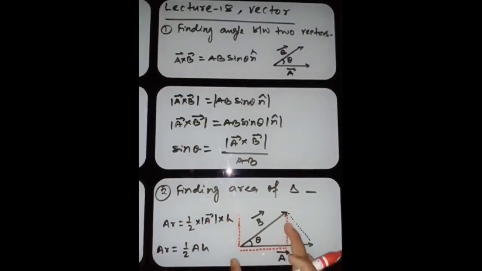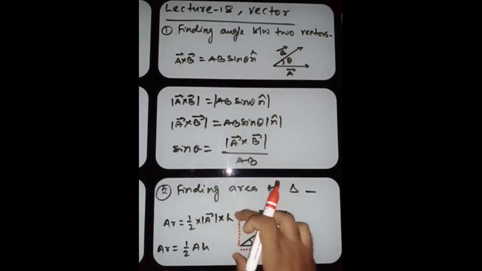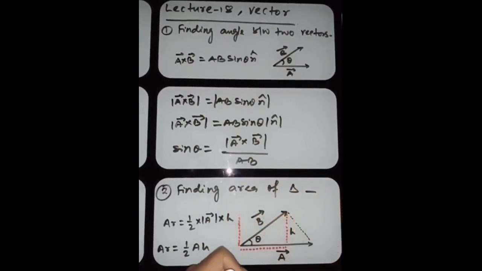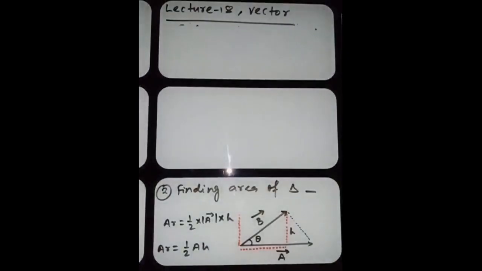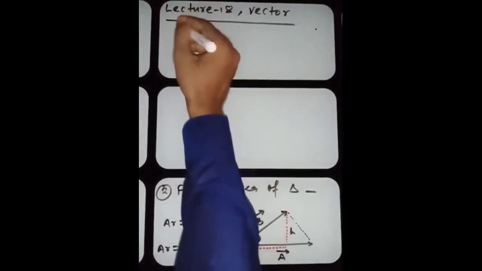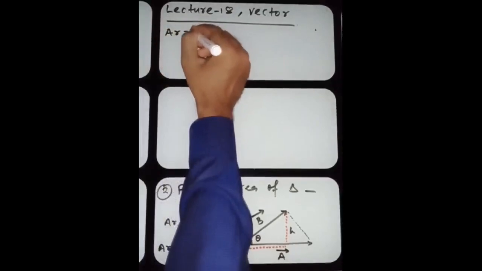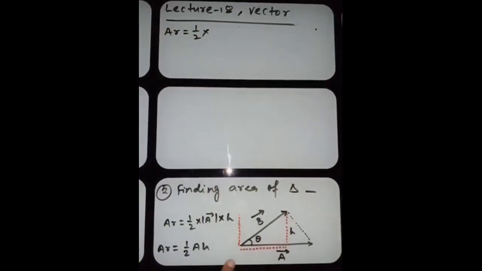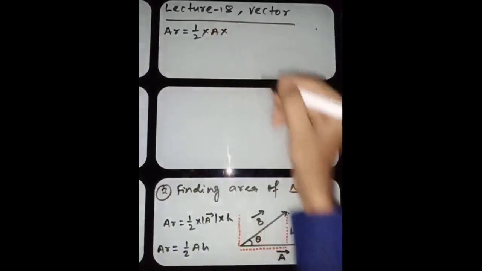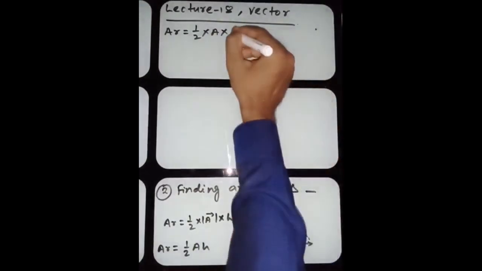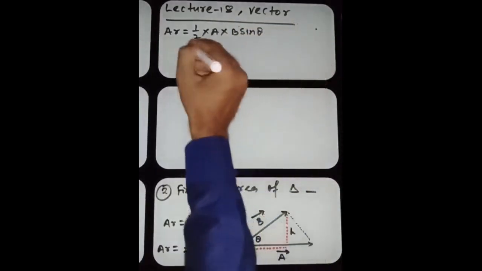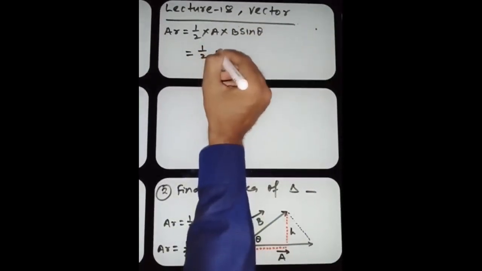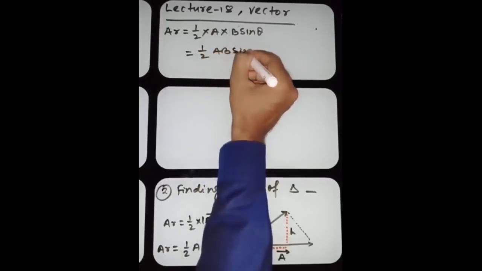This B sine theta is equal to h. So the area equals half times A into h, which is B sine theta. Now we can write half AB sine theta.